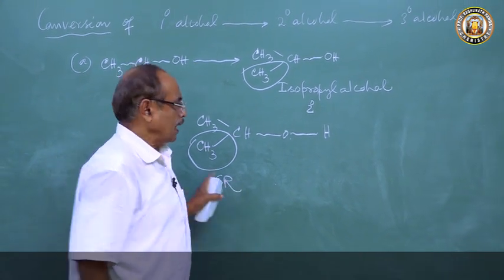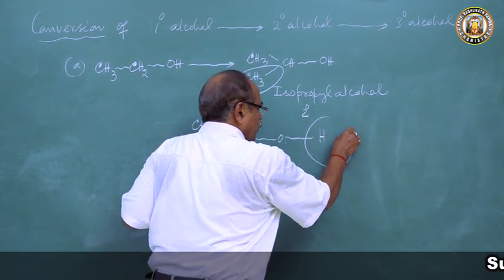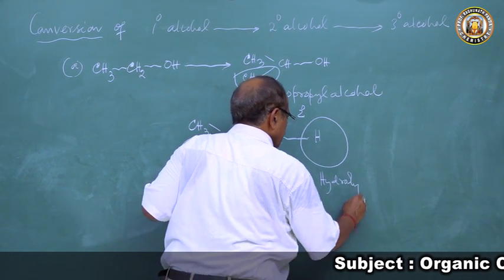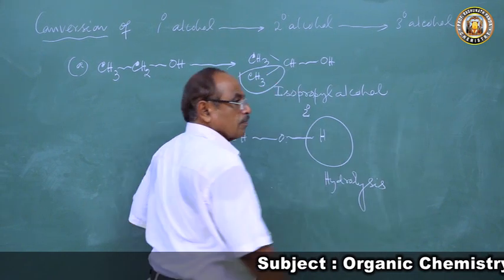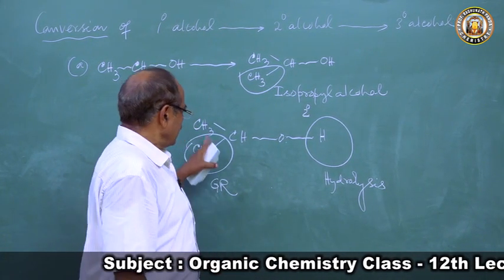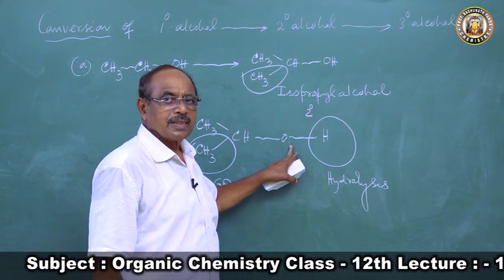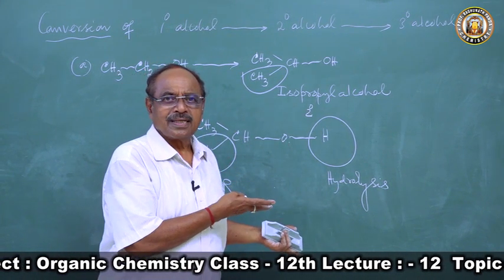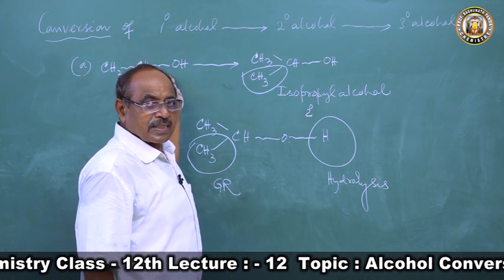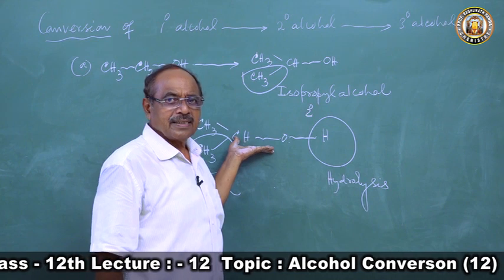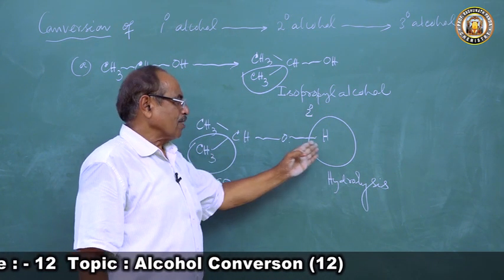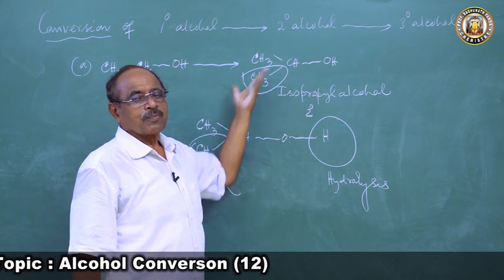And hydrogen we can get from hydrolysis. So what remains here? CH3CHO. That's it, it told you the answer. What does it tell? Take ethyl alcohol, convert your ethyl alcohol to acetaldehyde, then treat it with a Grignard reagent, then hydrolyze this, and I will give you isopropyl alcohol.